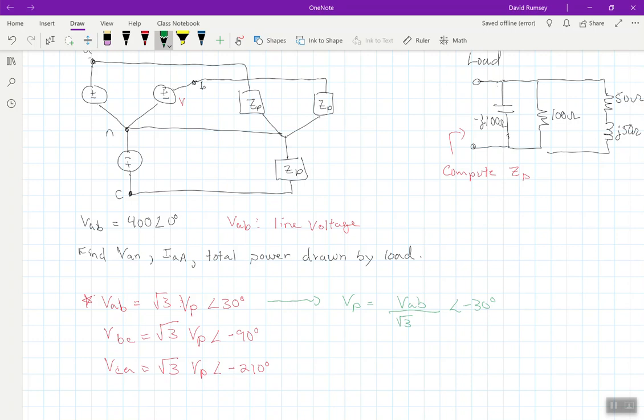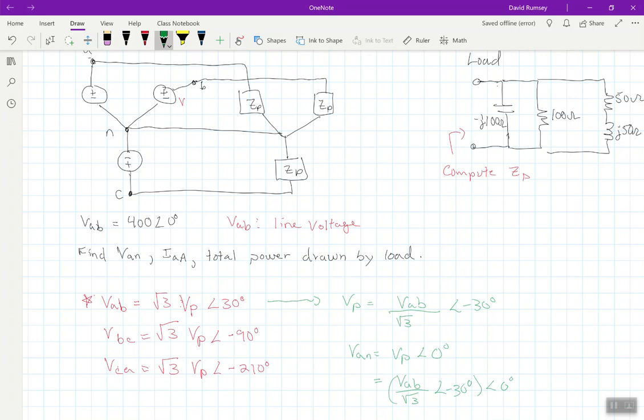But then, if VAN is VP at an angle of 0 degrees, then this would be VAB over the square root of 3 at an angle of negative 30 degrees, at an angle of 0 degrees.